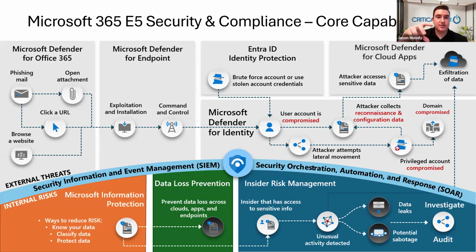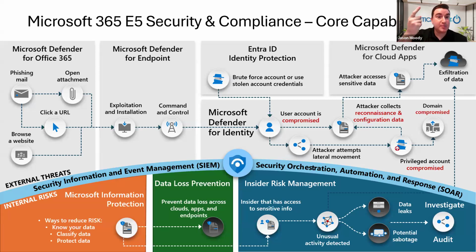Entra ID Protection is protecting our cloud accounts. That also has features such as identity protection, which can alert on things like impossible travel. So let's say somebody signs in from Washington, D.C. right now, and then 2 minutes later, they sign in from California. Well, unless they can teleport and have a superpower, they didn't just go to California in 2 minutes. So there are only two ways that could happen.